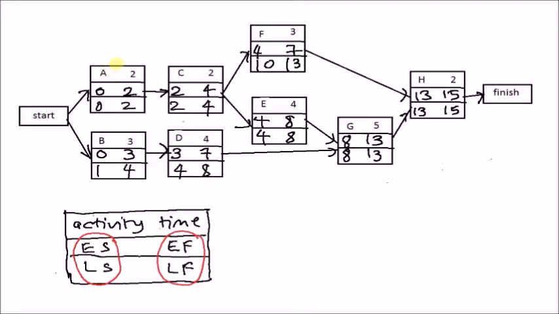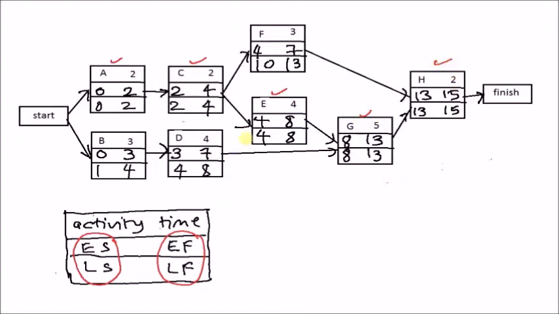So we see that activity A is a critical activity because earliest start and latest start are both 0 and earliest finish and latest finish are both 2. Another critical activity is C, and also E, G and H.